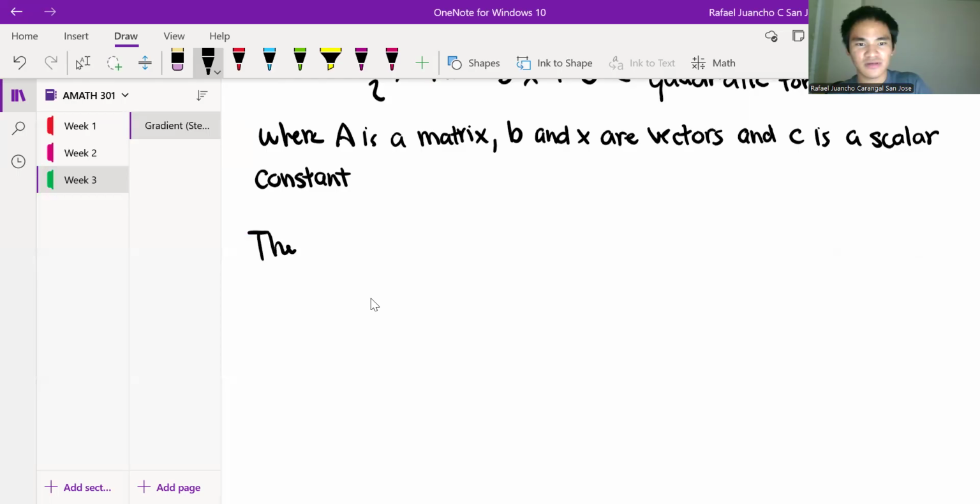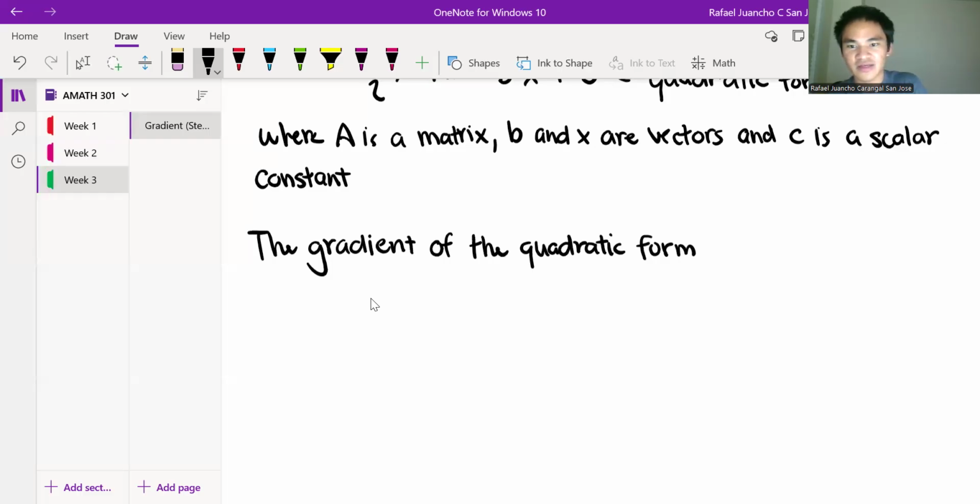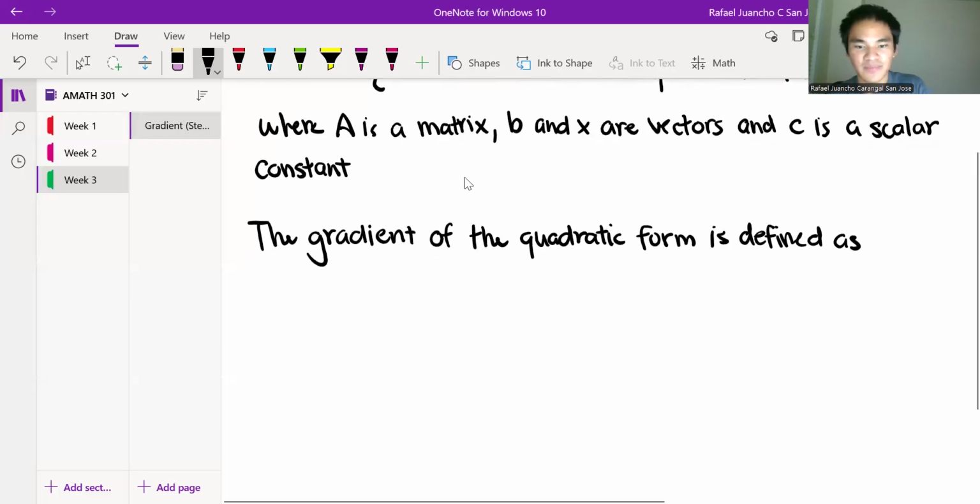the gradient of the quadratic form is defined as, okay, let's see. Can we put this little triangle here to signify it's a gradient?